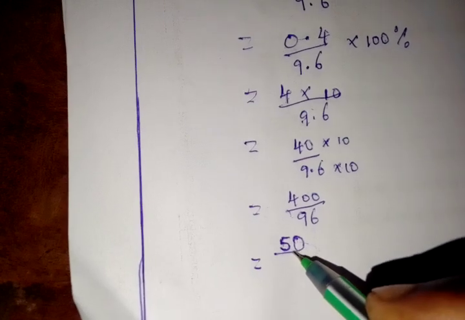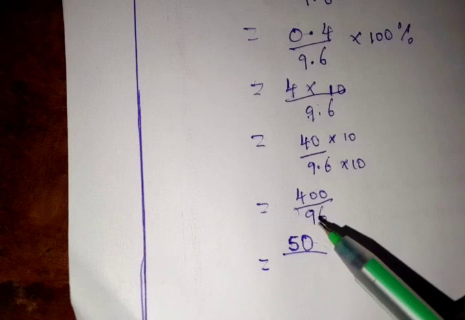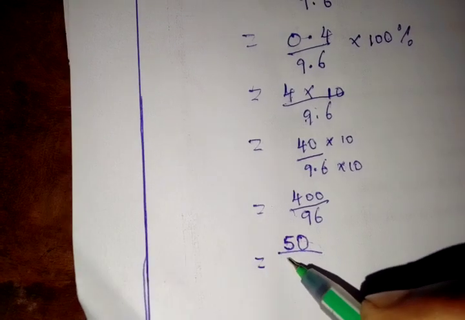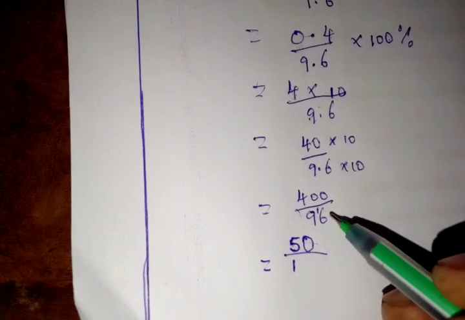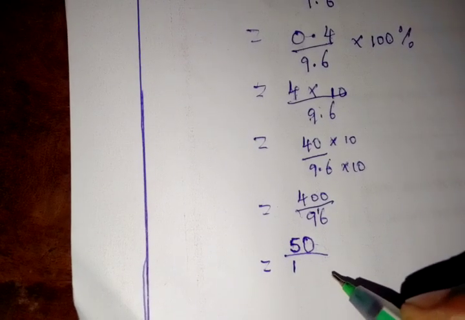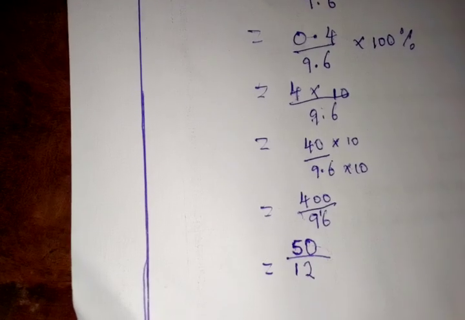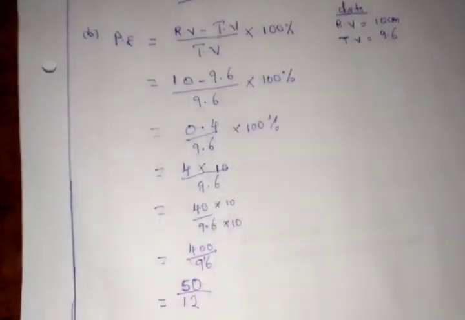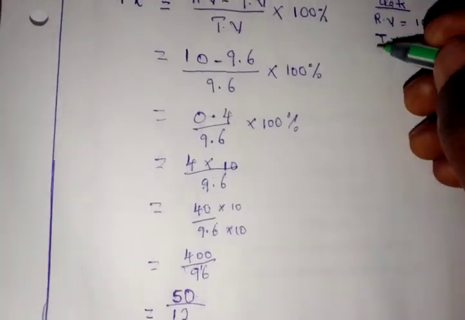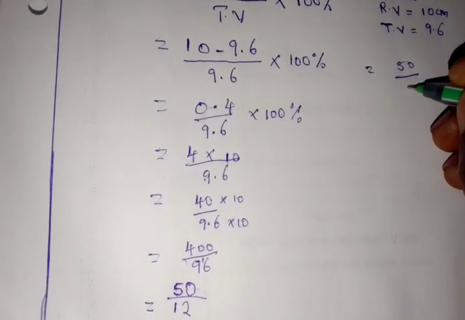Then we divide 96: 8 into 9 goes 1 time, remainder 1. Then 8 into 16 goes 2 times. This will give us 12. Now you look for a number that can go into 12 and 50 without leaving a remainder. So we have 50 over 12.